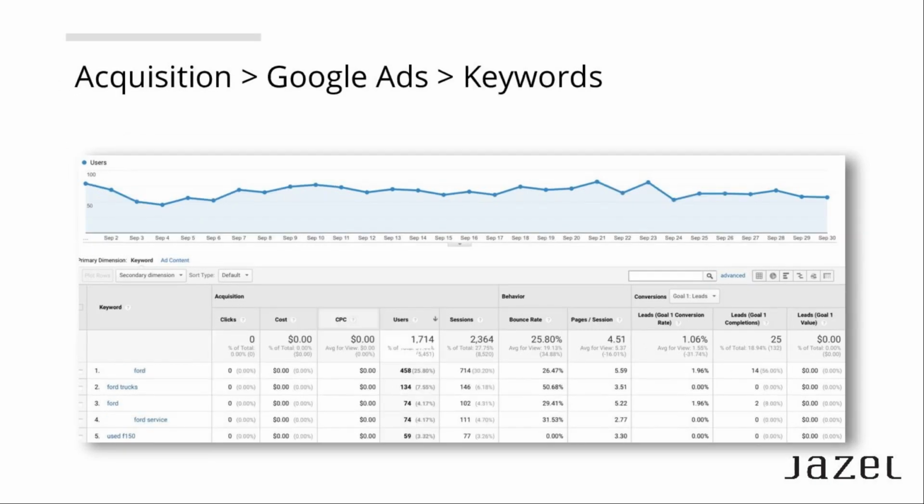Acquisition Google Ads keywords. This is a good report to get a glimpse into not only what keywords are driving traffic to your website from your paid channel in this instance, but how those users are performing when they get there. You can see all the same metrics that you see across the board, applied to your paid advertising. Something to look at here is, are these the right keywords to be driving traffic to your website?